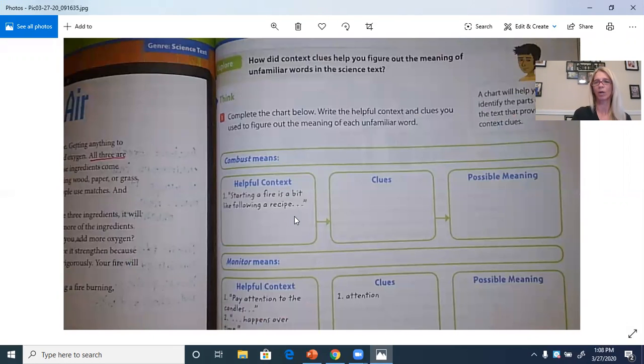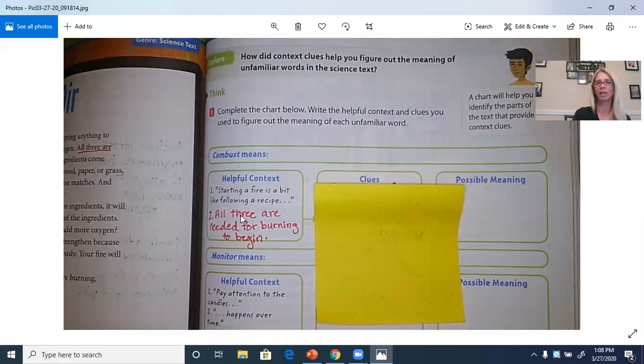And then the other helpful context that we're going to write in there is all 3 are needed for burning to begin, which is what we underlined over here. All 3 are needed for burning to begin. So those are the 2 things in the context that's helpful to us to get the meaning of the word combust. So now with number 1, the helpful context, you're going to look within that.